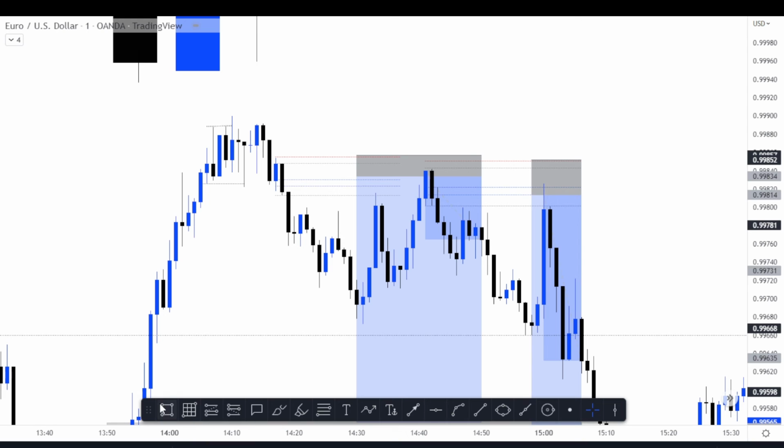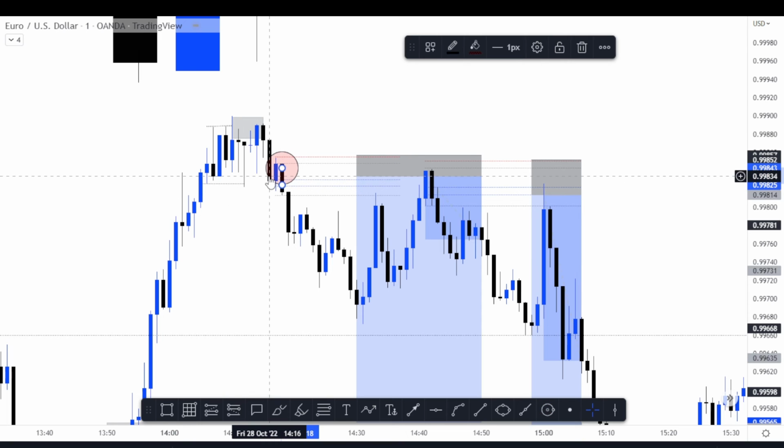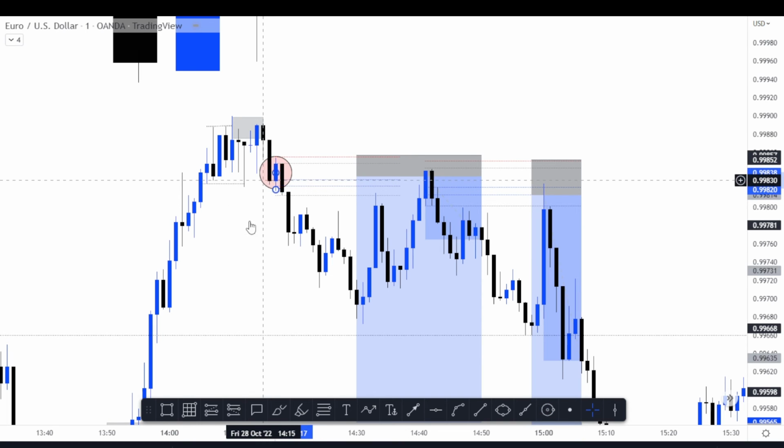Price went up, actually mitigated it, and pushed down, gave another entry opportunity. This is another entry opportunity, and provided some liquidity in between. And look at that. Now you could say, okay, what about this? You need to understand this concept very, very well.